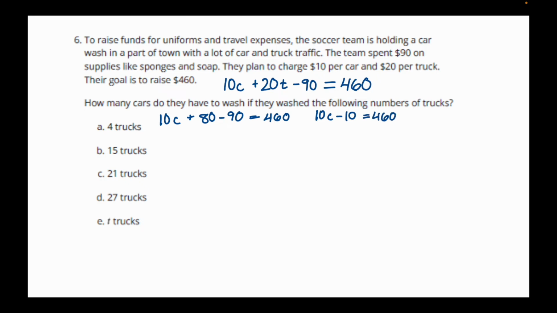Add that 10 to both sides. You would get 10C equals 470. So C is 47 cars.